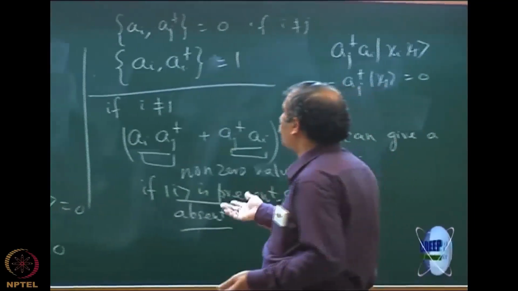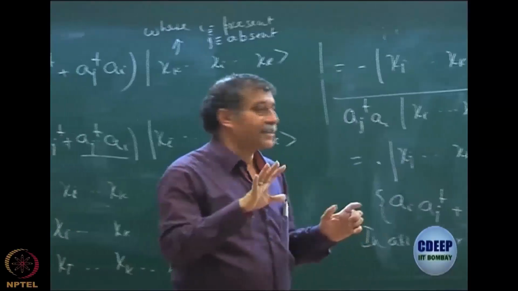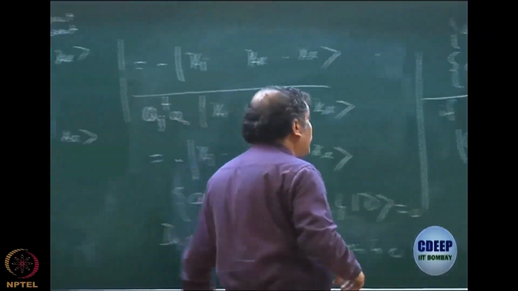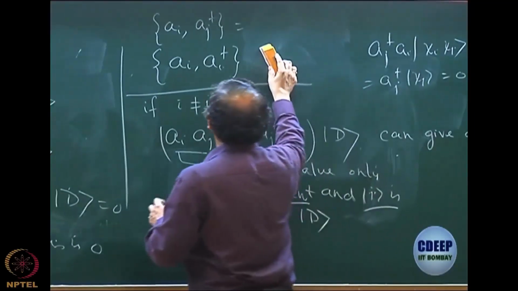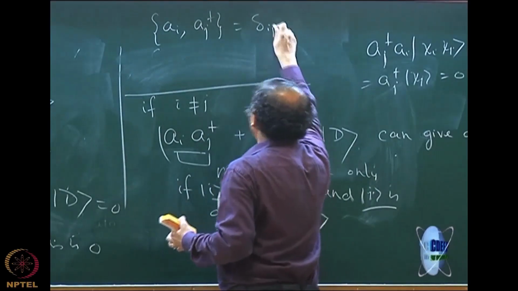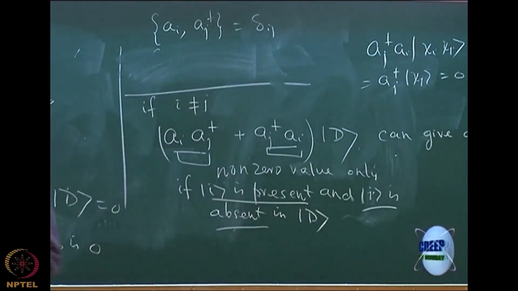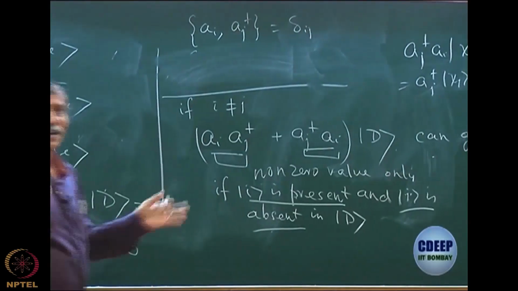Then I showed the anti-commutation between one creation and one annihilation operator, which essentially takes care of everything. This can now be rewritten with a Kronecker delta, so don't forget your Kronecker delta. Whenever there is this 1 and 0, I want to avoid it, so eventually it is just delta_ij, and the delta takes care of it.